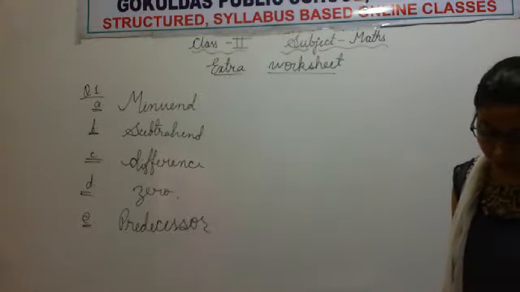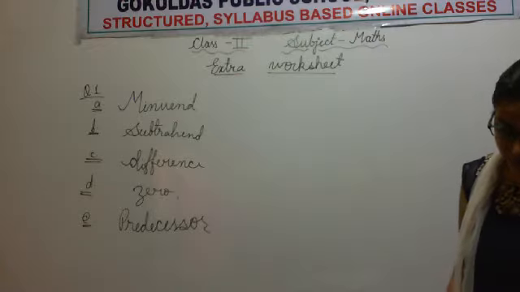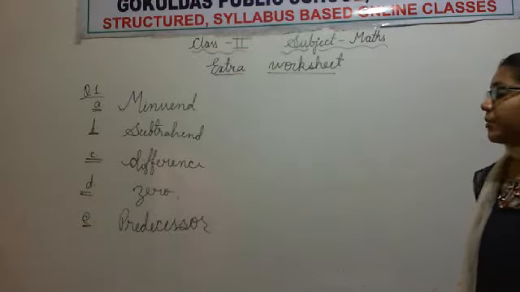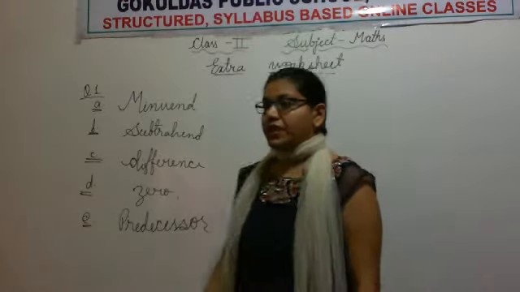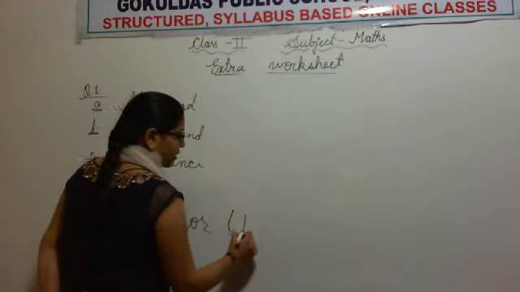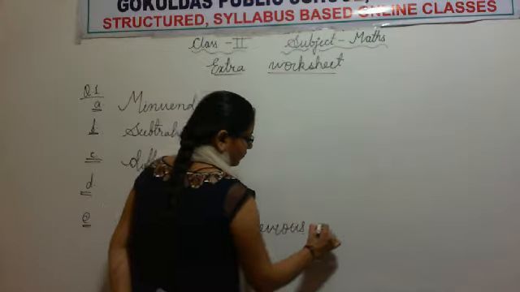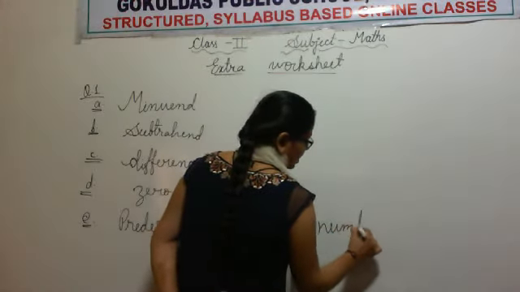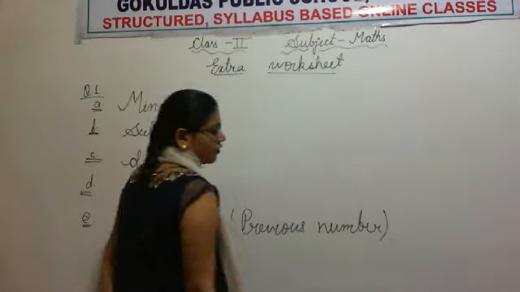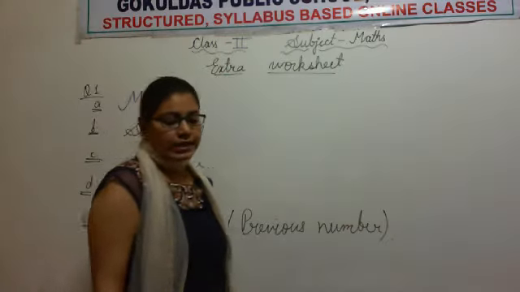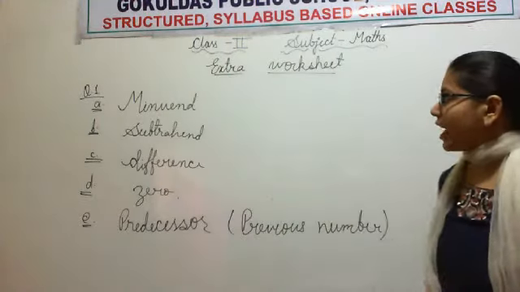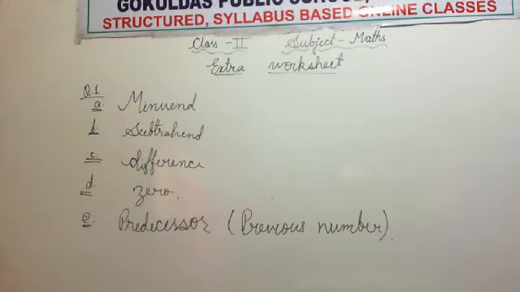And when 1 is subtracted from a number, the answer is the predecessor of the number. Predecessor means previous number. So let me write previous number in the bracket too. So these are the answers of question number 1, that was fill in the blanks.